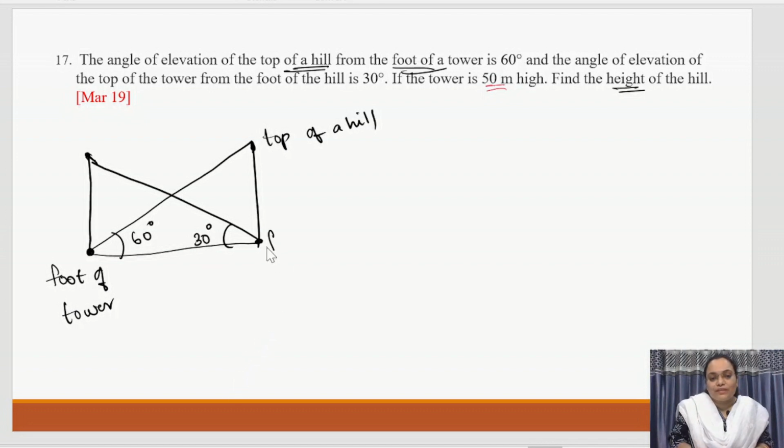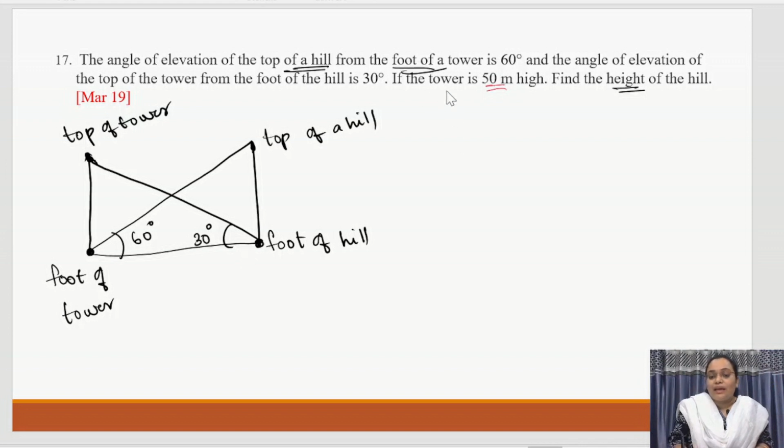This is the foot of a hill. This is the top of a tower. So from the foot of a hill, he is looking at the top of a tower at an angle of 30 degrees.